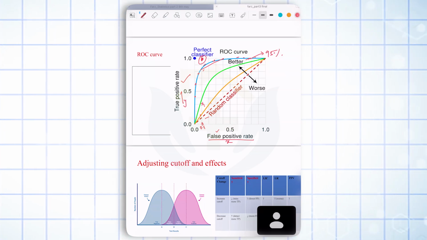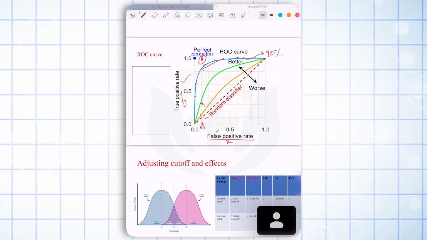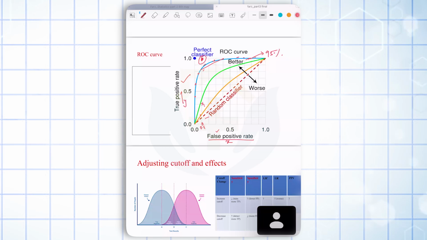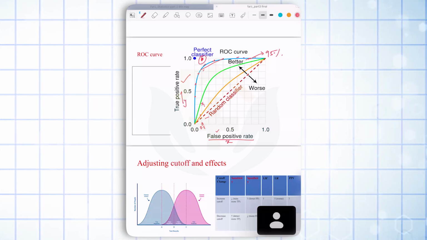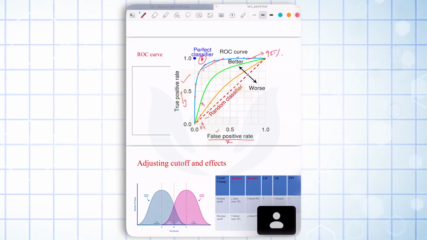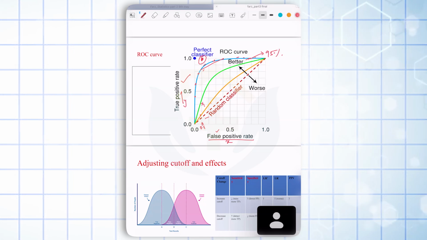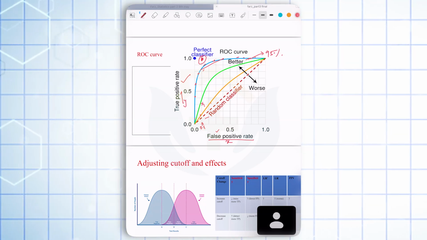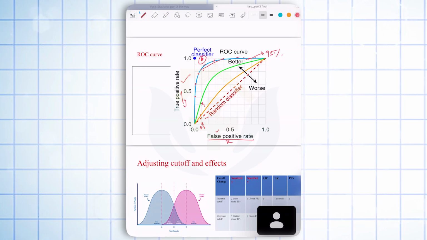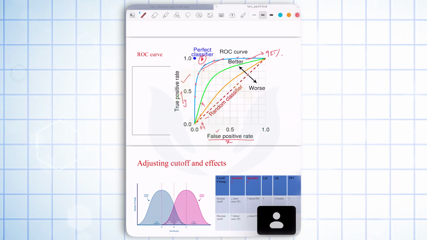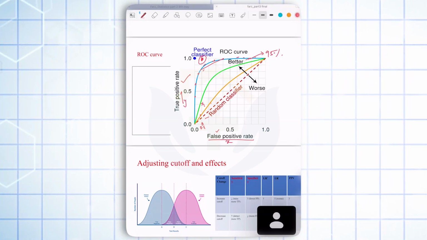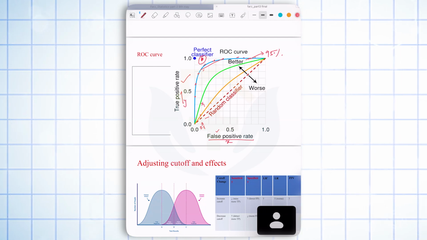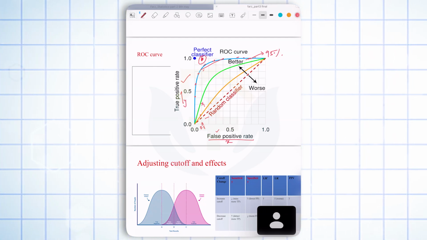If you have the maximum area under the curve, you use that test because it is likely to have high sensitivity and specificity. So what can be asked is that if a test has the highest area under the ROC curve, you use that test. If it is less than 50% of the area under the curve, the test is less likely to be a good test.